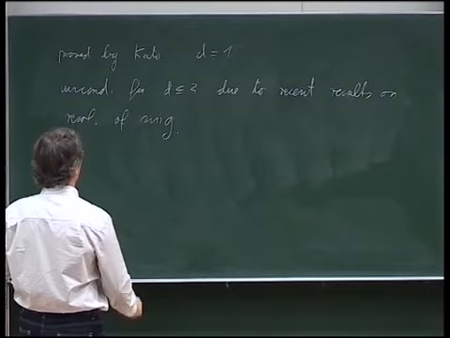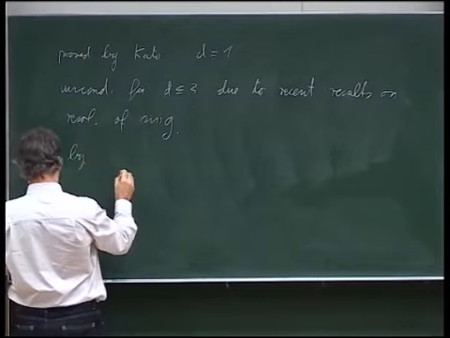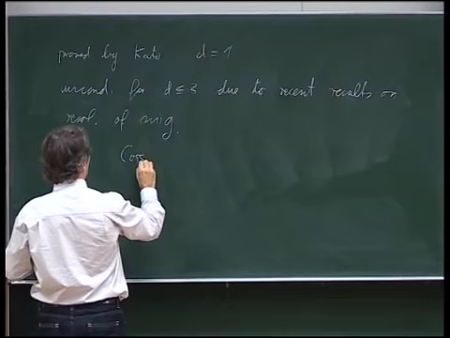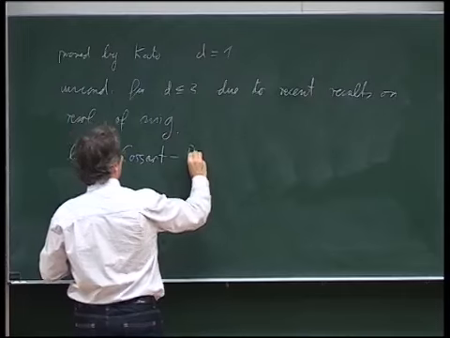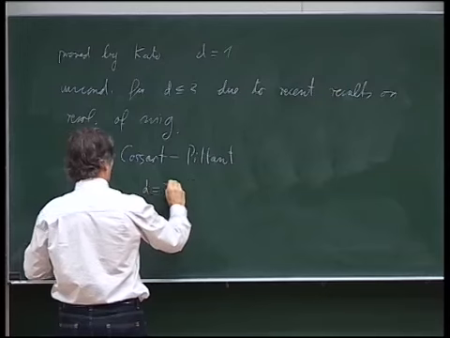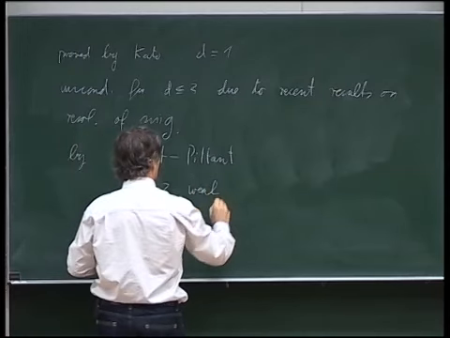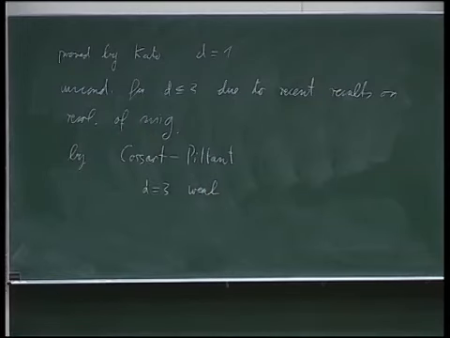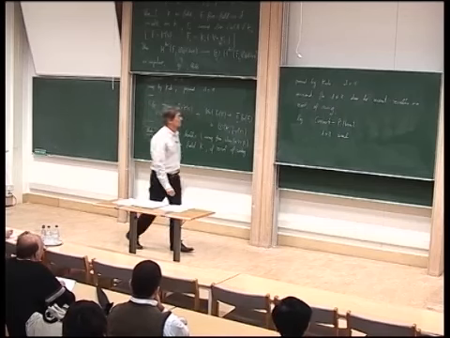So this is a paper of Cossart and Piltant, which gives a result for d equals 3 in a weak sense, so that the function field has a smooth projective model.